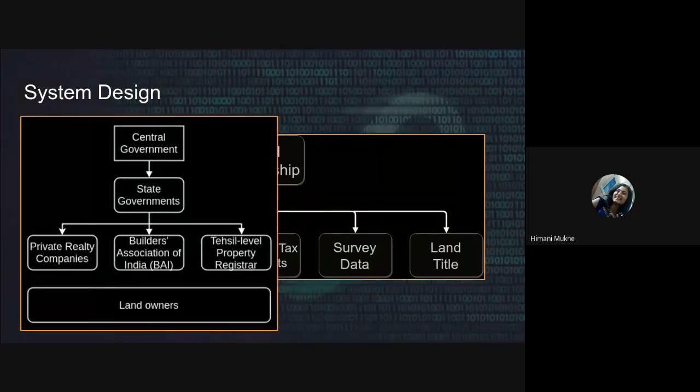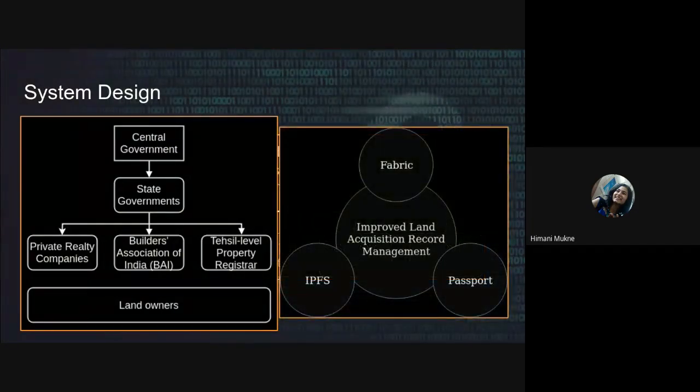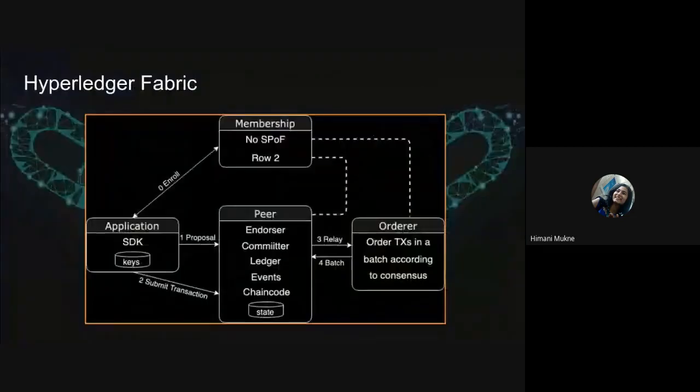And next, together with Hyperledger Fabric and IPFS, the InterPlanetary File System, which is a decentralized system for managing files, something we'll cover later, we devised a solution for improving land acquisition and record management. Next is again the working of Hyperledger Fabric that we have covered.